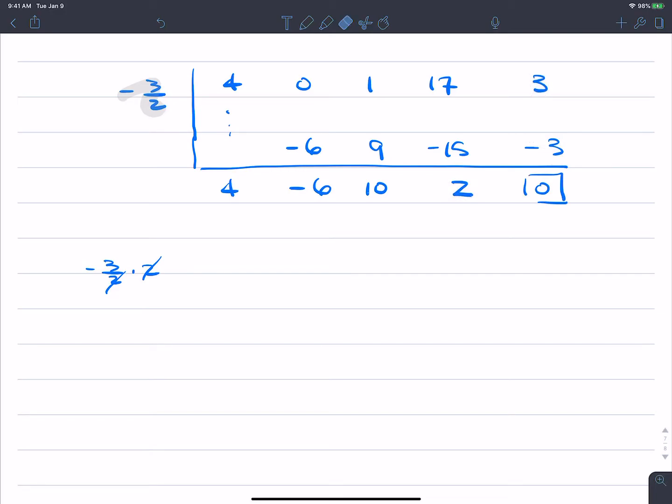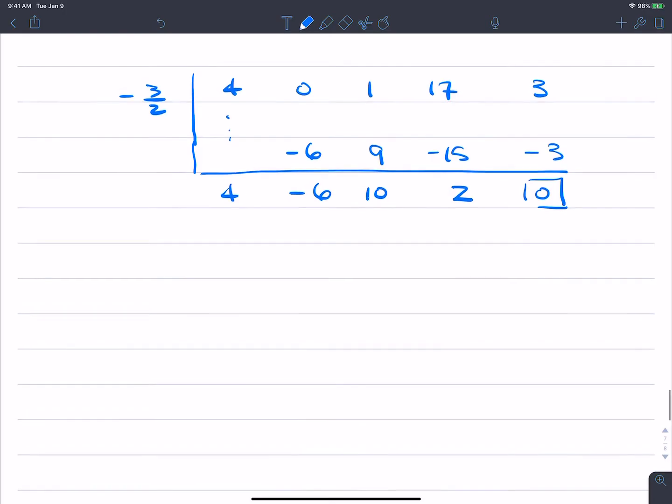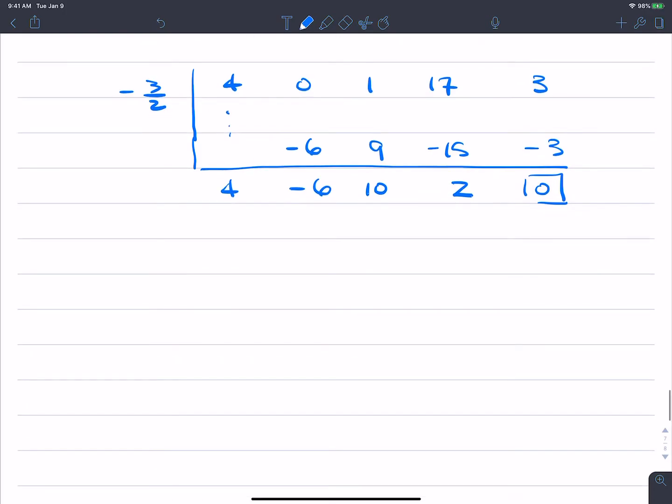So what we found here, if we just clean this up a bit, remember by the remainder theorem, f of k equals that remainder, we found f of negative 3 halves is 0. Because this again is my remainder.